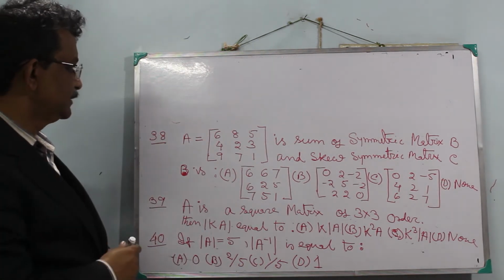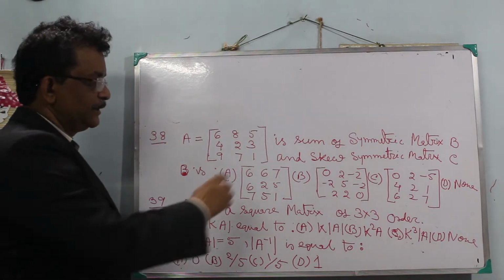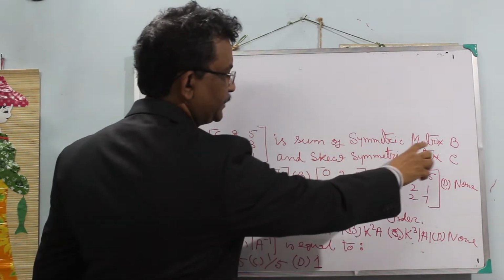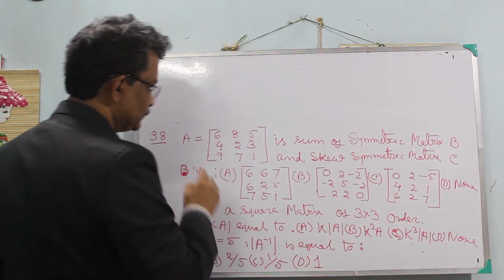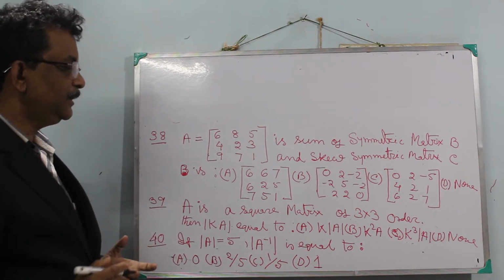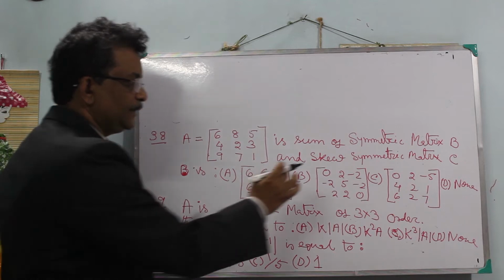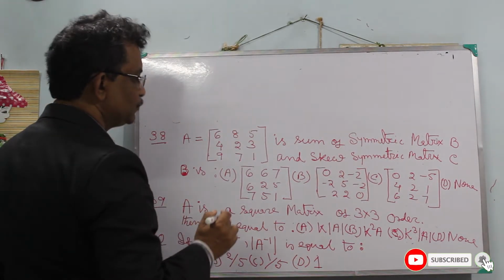Next, 38. A is a matrix, this is a matrix, that is the sum of a symmetric matrix B and a skew symmetric matrix C. B is symmetric and C is skew symmetric.